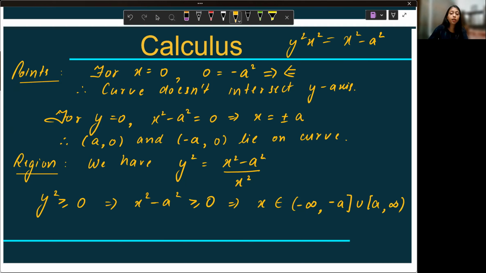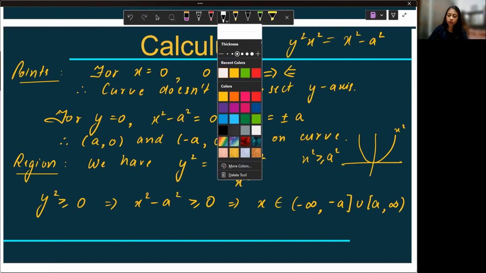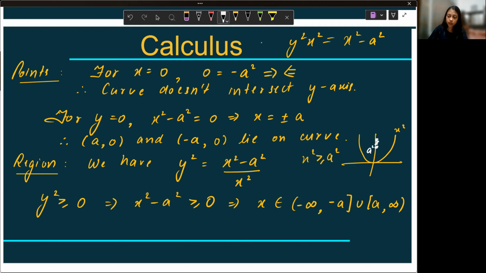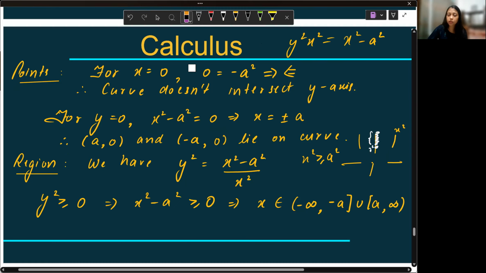Okay, how do we calculate that? See, x square is greater than or equal to a square. You can get the graph. This is x square. Now, when I'm saying that it is greater than some a square, this is a square, right? It is greater than a square. So which section of the graph is giving you this value greater than a square? This lower section of the graph is not contributing, so I'll just cancel this section.